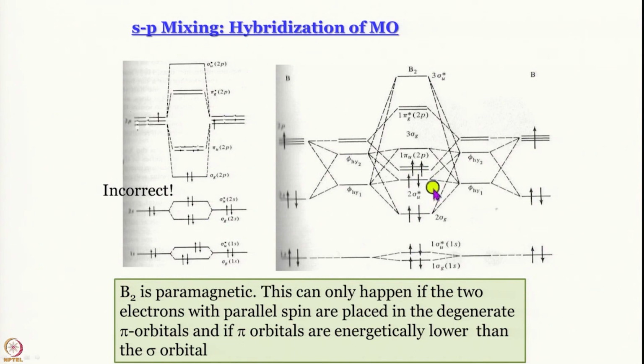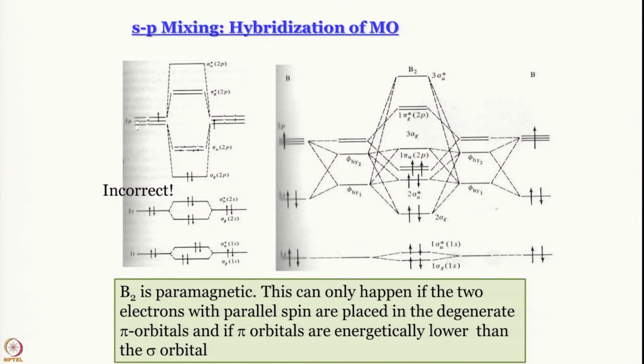Paramagnetism indicates that the electrons are unpaired, which can only happen if the HOMO is a set of 2 degenerate orbitals, that is, pi orbitals. So this model of sp mixing nicely explains not only nitrogen, but also the behavior of other molecules with smaller Z that would have appeared anomalous. There are many where there would be no problem at all.